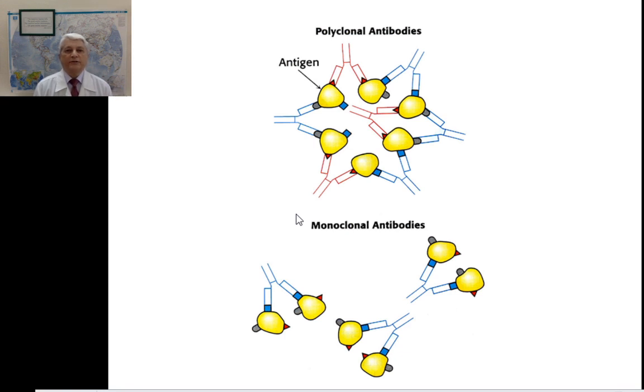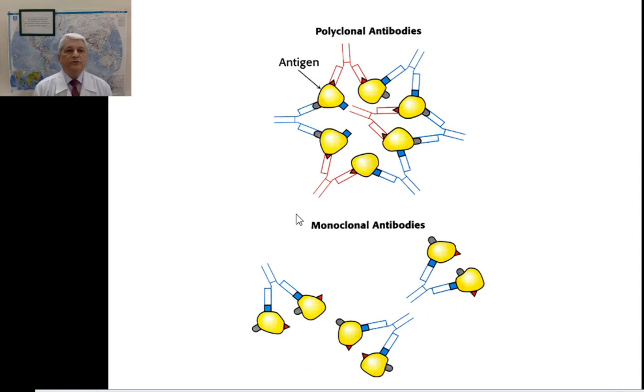Let's continue our definition. So polyclonal antibodies are antibodies that react with the same antigen but have different primary structure because they were produced by different clones of B lymphocytes.